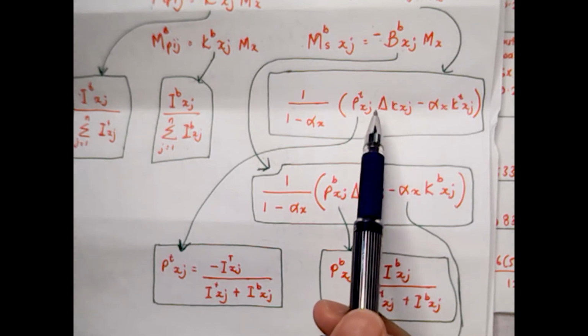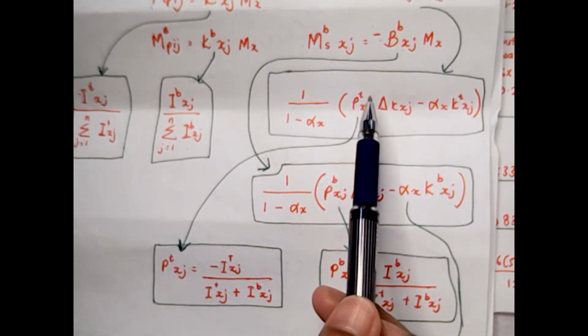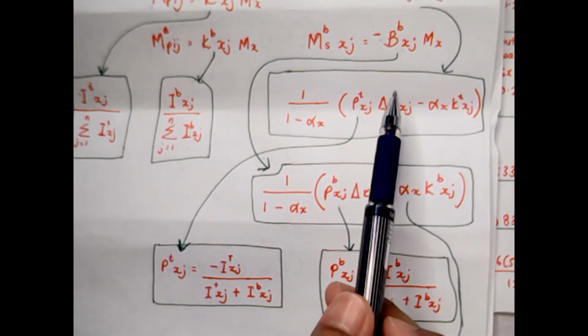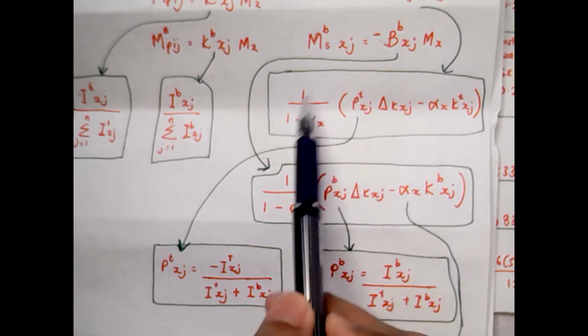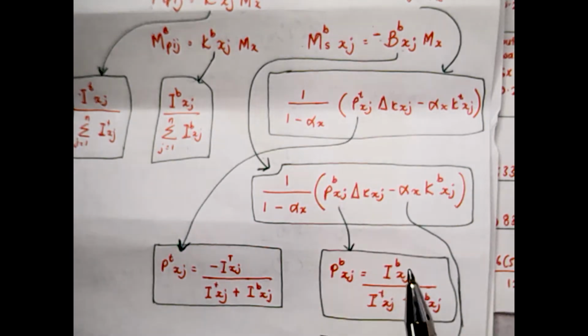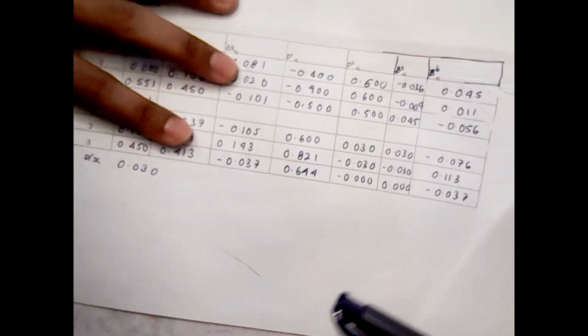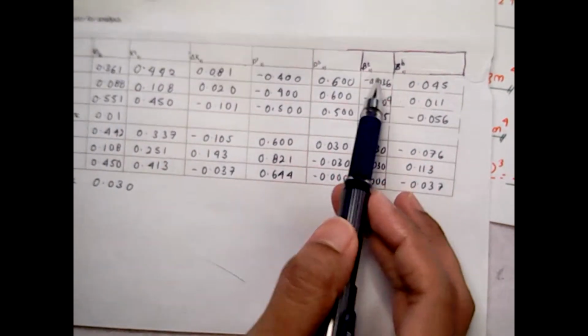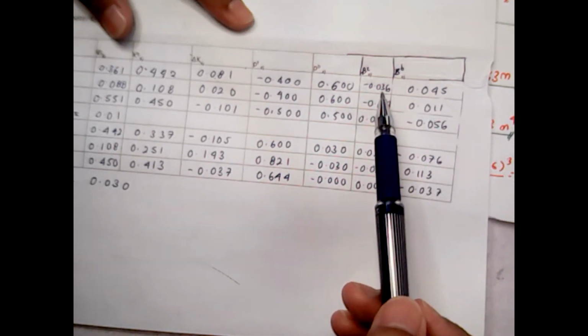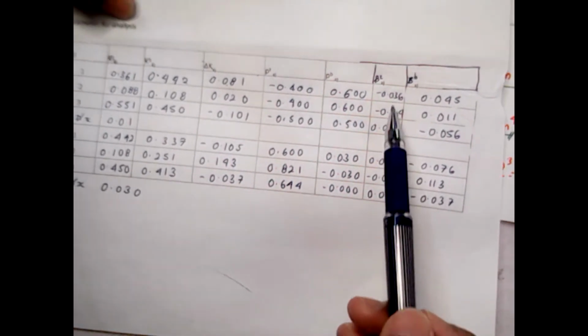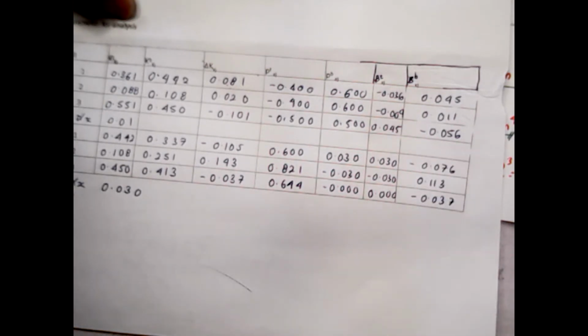Let me show you the solutions for the first one by using these equations. I have now calculated the value. If you calculate using the formula that I showed earlier, you will get this value, and I will show examples.